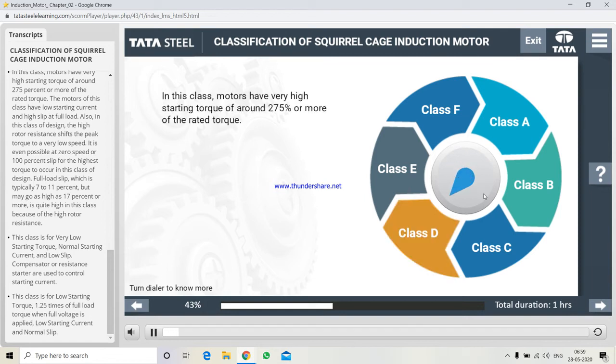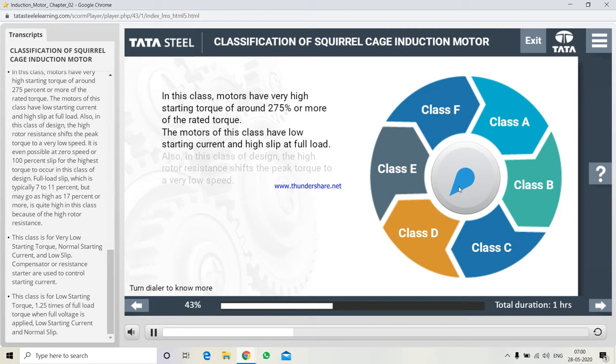In this class, motors have very high starting torque of around 275% or more of the rated torque. The motors of this class have low starting current and high slip at full load. Also, in this class of design, the high rotor resistance shifts the peak torque to a very low speed.